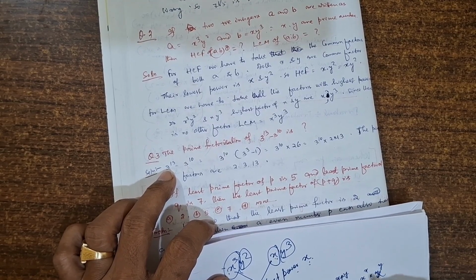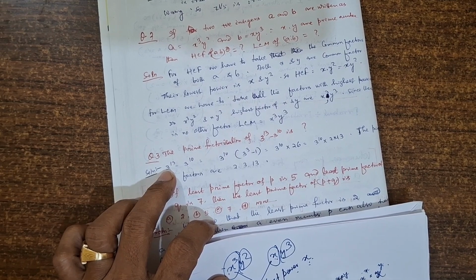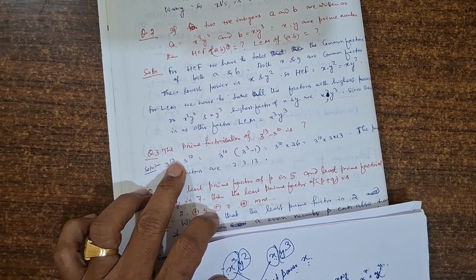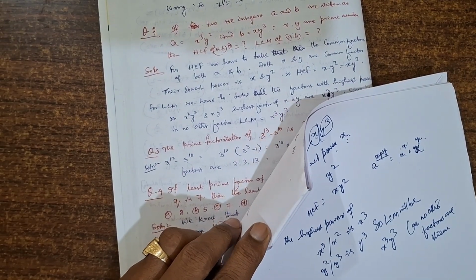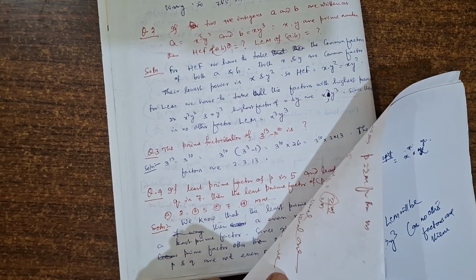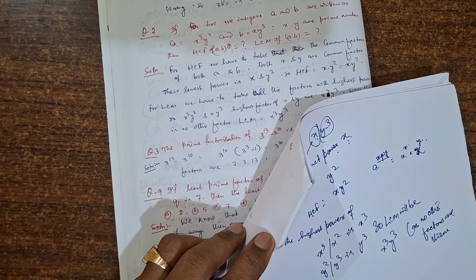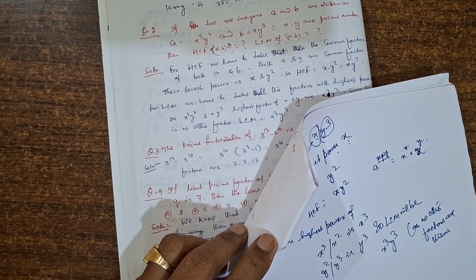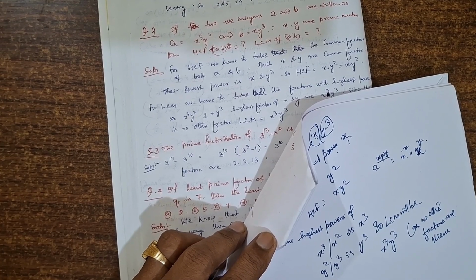Whenever the base is same, the powers will be added. So we can express 3 to the power 13 as 3 to the power 10 plus 3, minus 3 to the power 10.